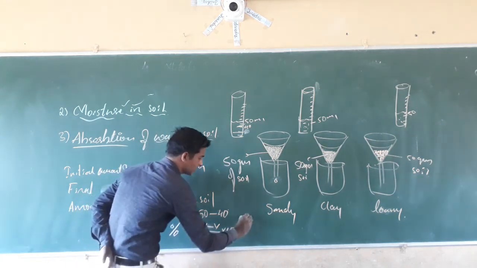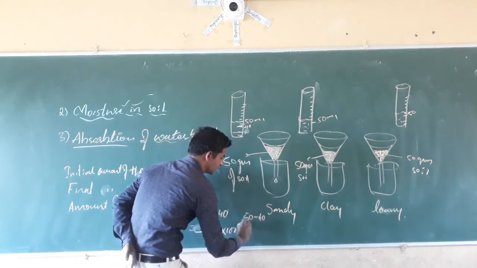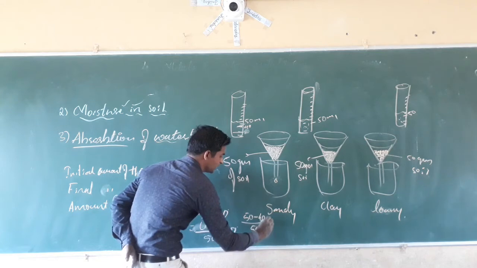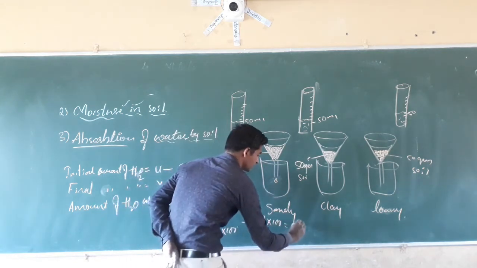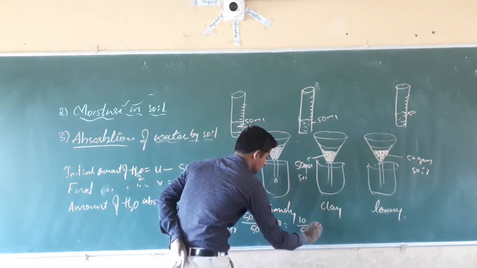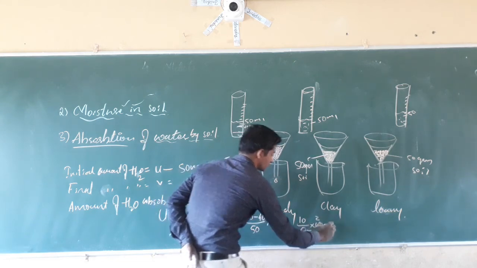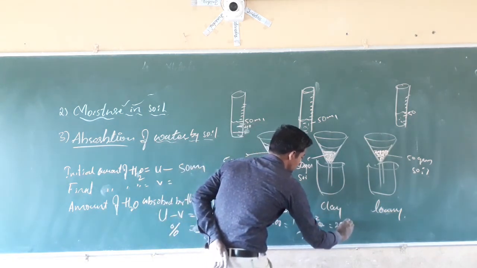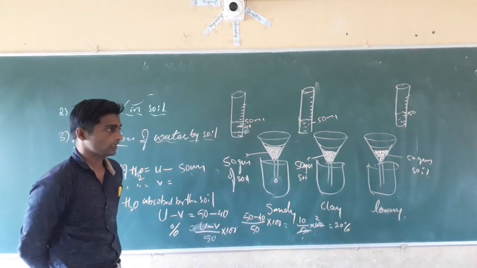That is, initial volume was 50 minus final volume was 40, then divided by 50 into 100. Then it becomes 10 divided by 50 into 100, that is 20% water is absorbed. 20% water is absorbed.